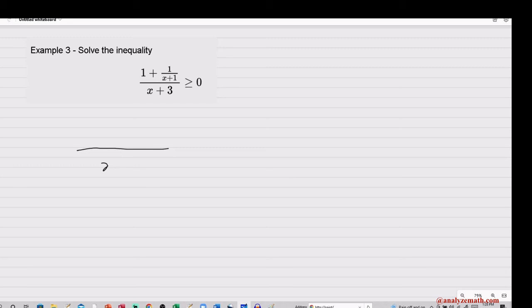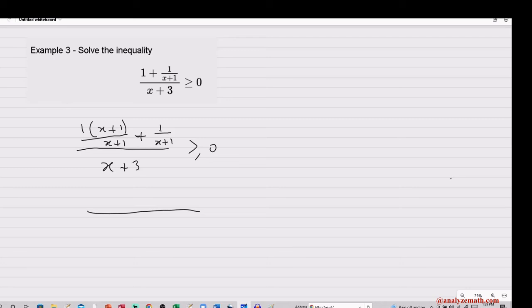Okay, so x plus 3 in the denominator. Now the numerator, we have got 1 plus a rational fraction. So let's rewrite the 1 as 1 times x plus 1 divided by x plus 1. What I'm doing here is rewriting the two terms in the numerator with the same denominator so that I can just add them together.